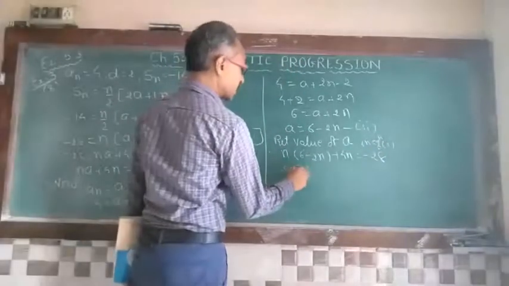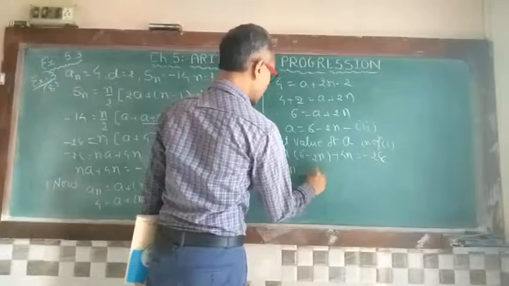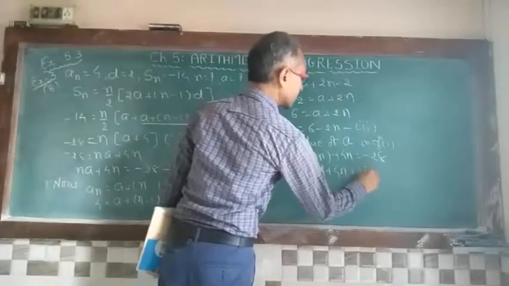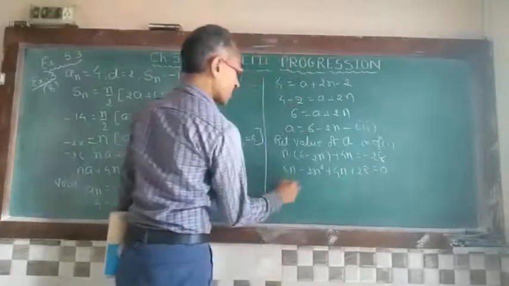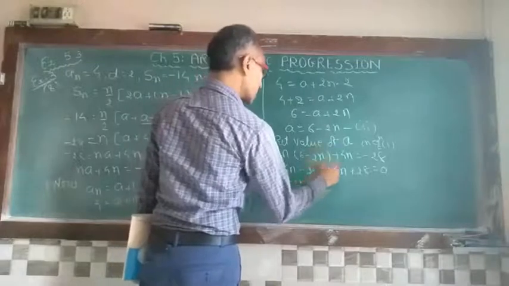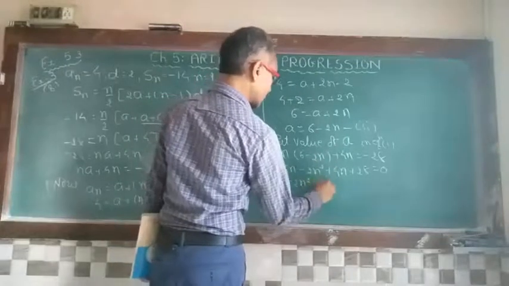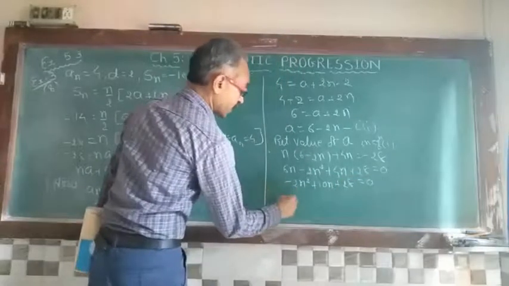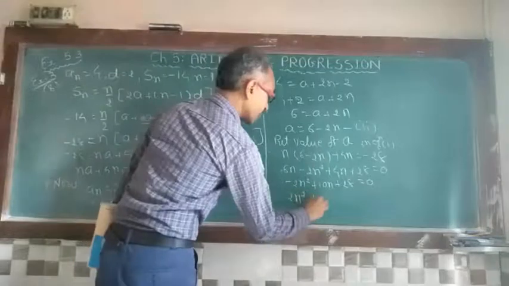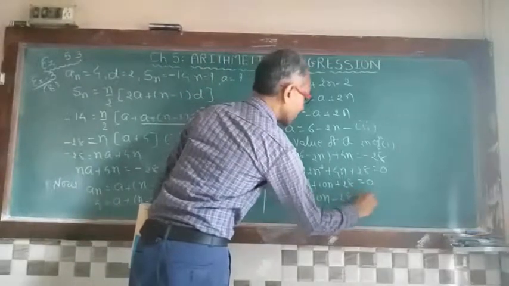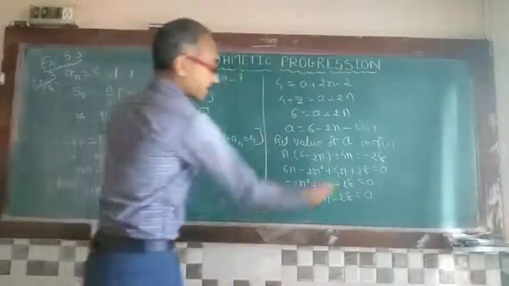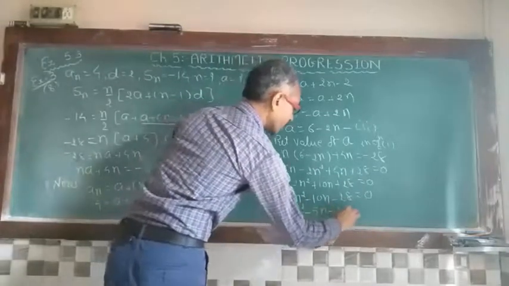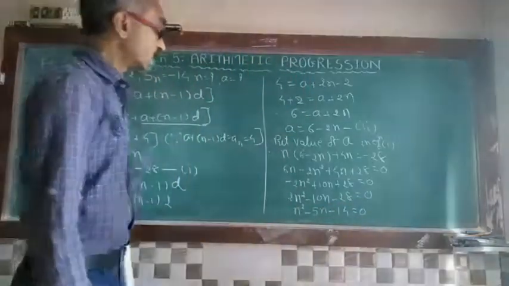That means 6n minus 2n square plus 4n plus 28 is equal to 0. So minus 2n square, 6n plus 4n, that is 10n, plus 28 is equal to 0. That means minus is common out, so 2n square minus 10n minus 28 is equal to 0. Common out 2 again, so n square minus 5n minus 14 is equal to 0.